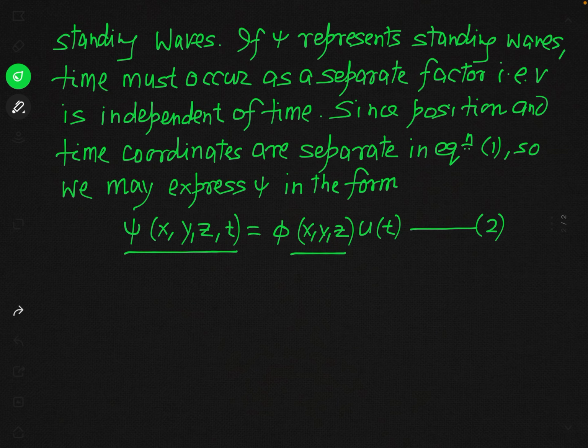So we can express psi of x, y, z, t in this manner. This may be written as phi of x, y, z times u of t. Here phi of x, y, z is a function of only the space coordinates x, y, and z, while u is a function of time t only.